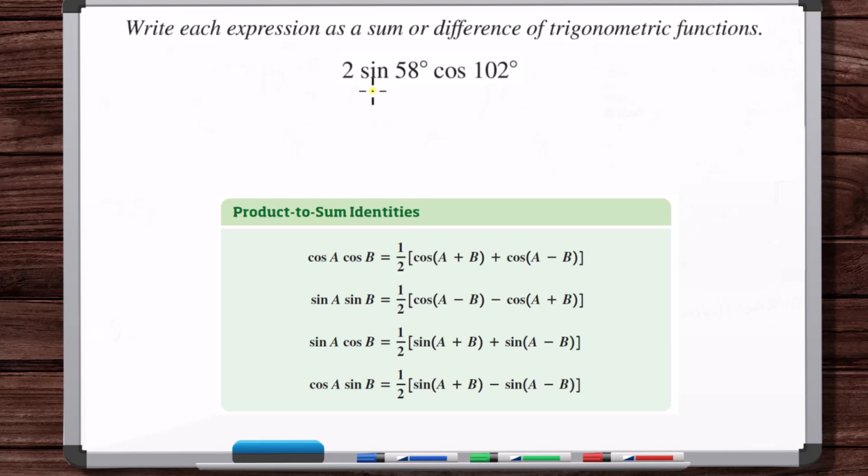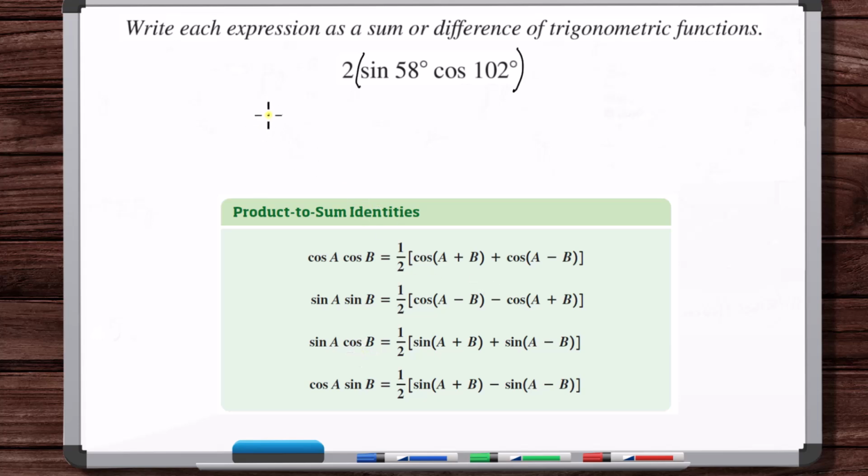Here we've got 2 times sine of an angle times cosine of an angle. We can just put a parentheses here. We have sine of 58 times cosine of 102. So A is 58 and B is 102.